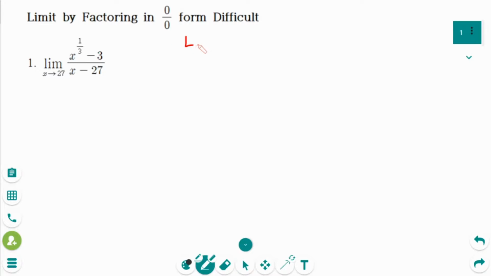Therefore, let x to the power of 1/3 be a. Then cube each side.